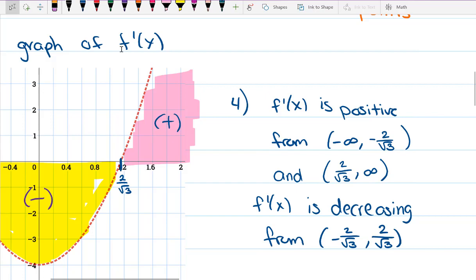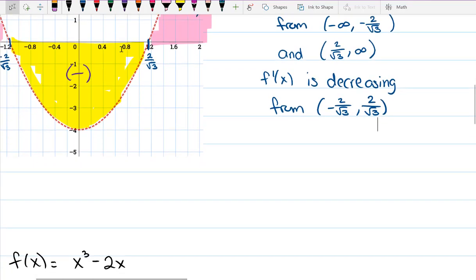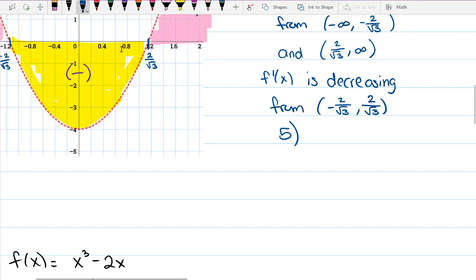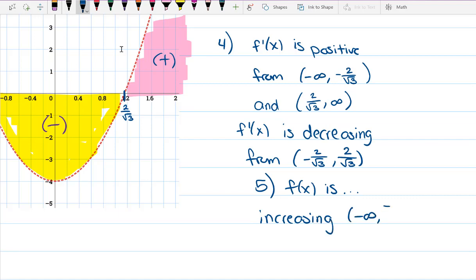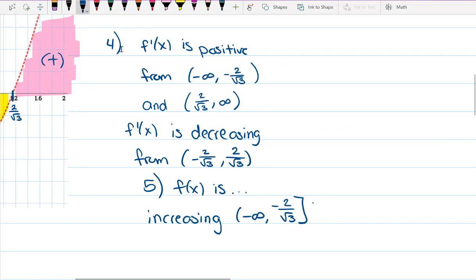What this tells me, which is our final step, step 5, is to actually determine where f of x, our original function, is increasing and decreasing. So f of x is increasing from negative infinity to negative 2 divided by radical 3, union, or, and 2 divided by radical 3 comma infinity.